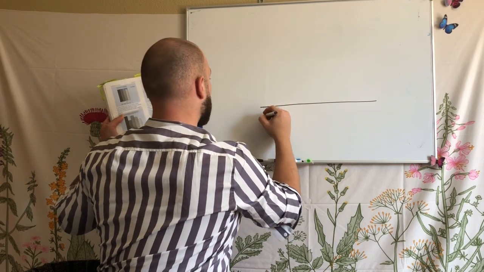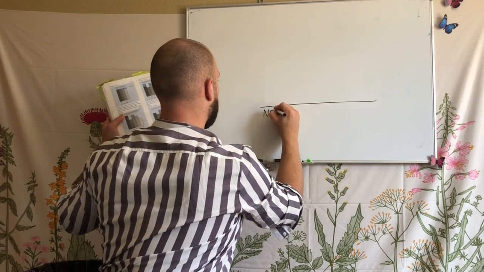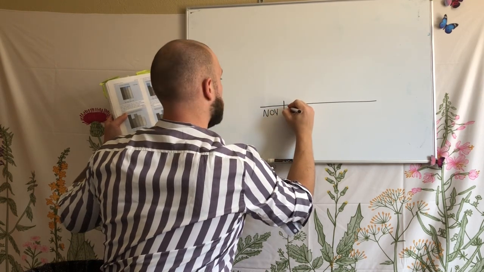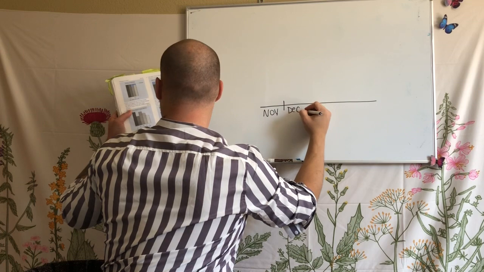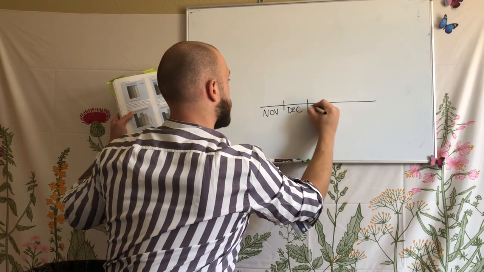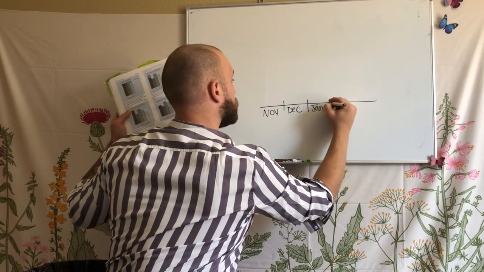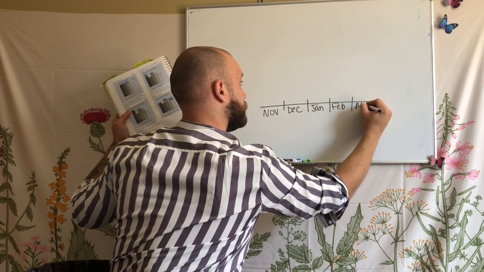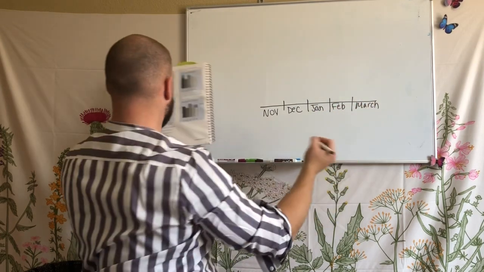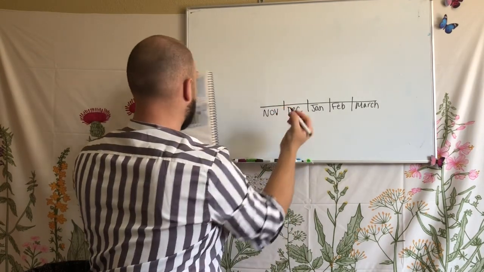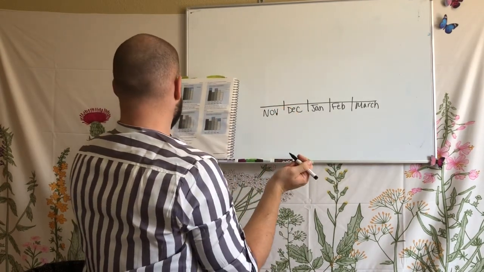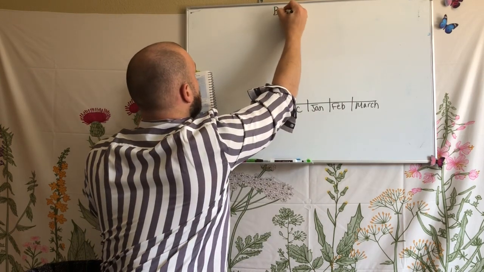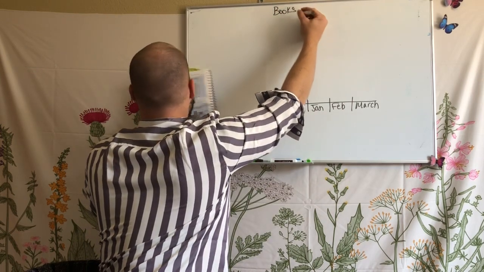So we'll have November, December, January, February, March. Here we're going to have, so this is going to be books read in each month.